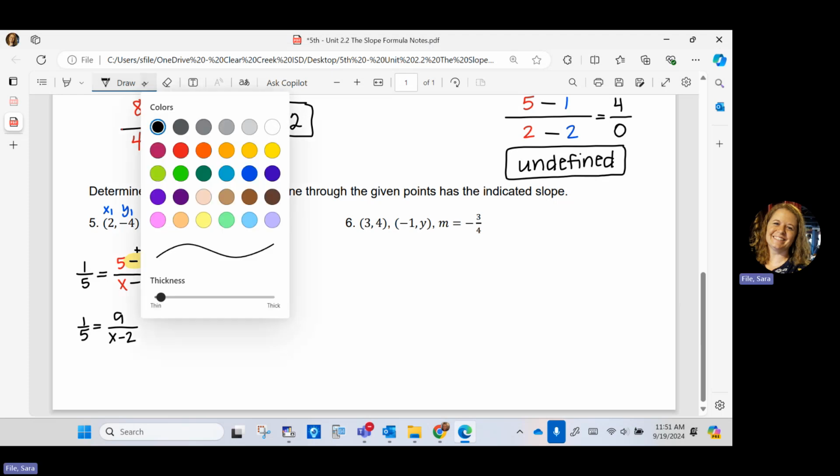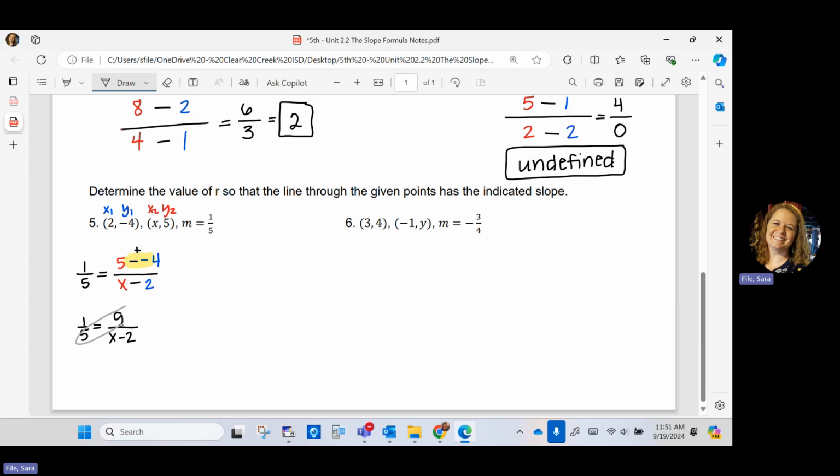Okay, so remember, think back when you cross multiply, because you have a fraction equal to a fraction. This is what the butterfly method or cross multiply is. So we're going to do the 5 times the 9, and we're going to do the 1 times the x minus 2.